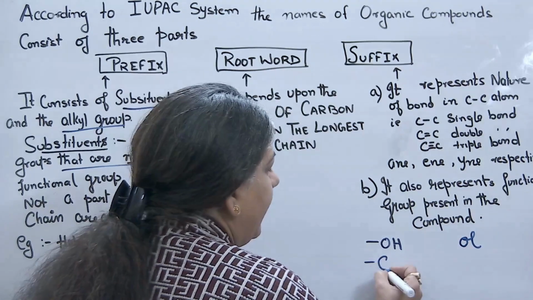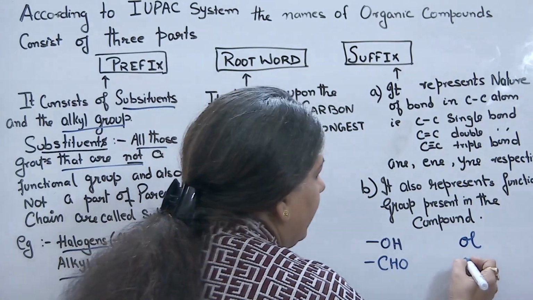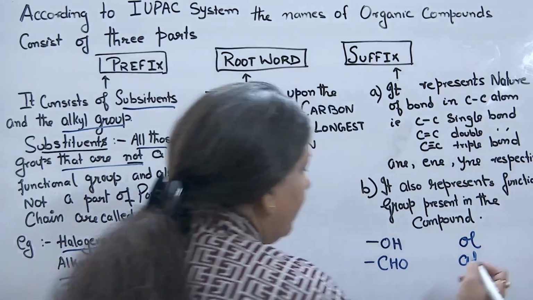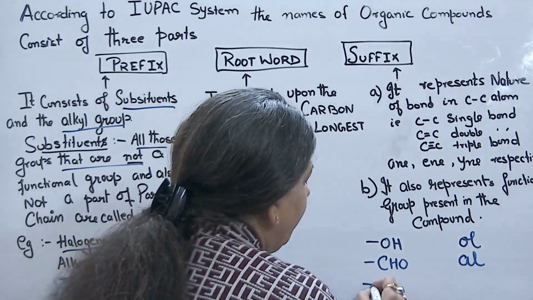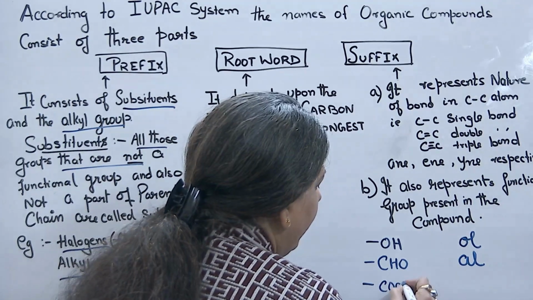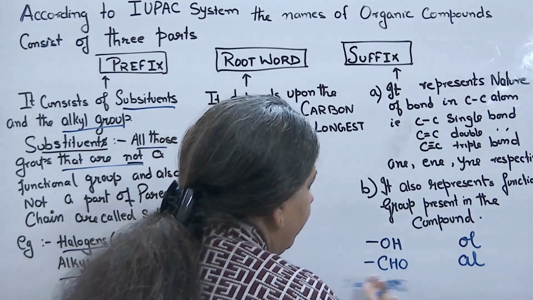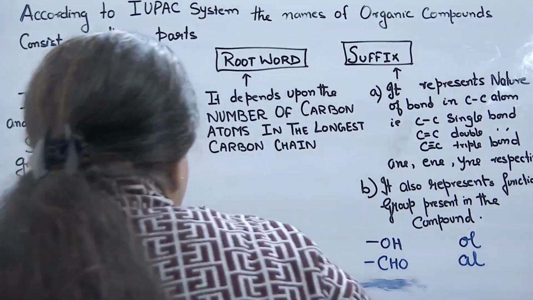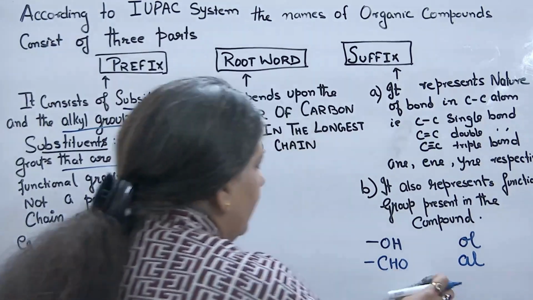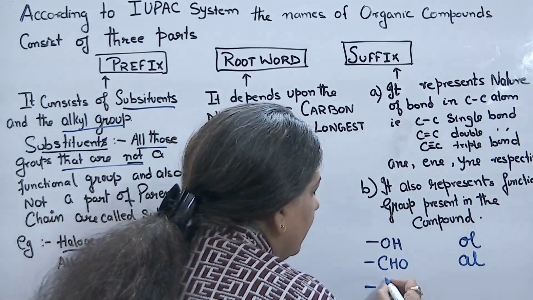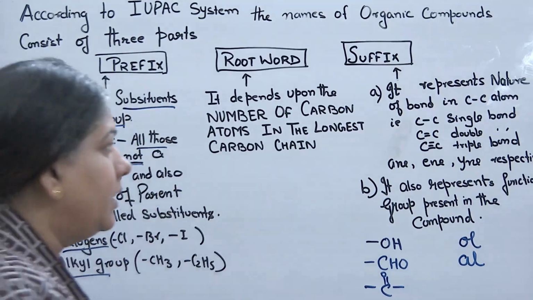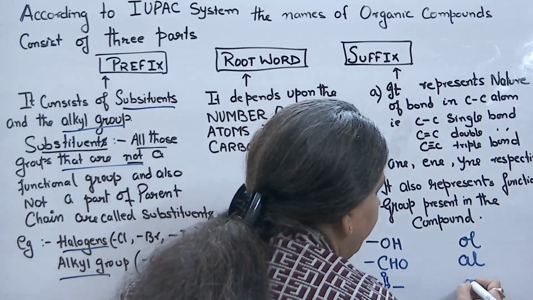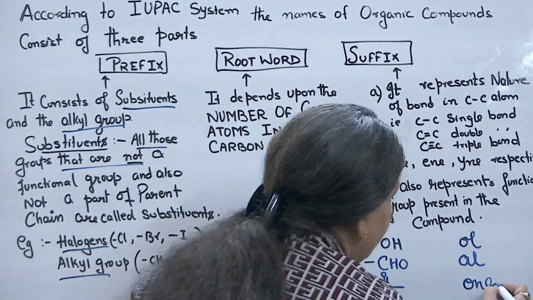If it is aldehyde, CHO, then the suffix will have "-al". For ketones, if the functional group is ketone, then the suffix will have "-one".